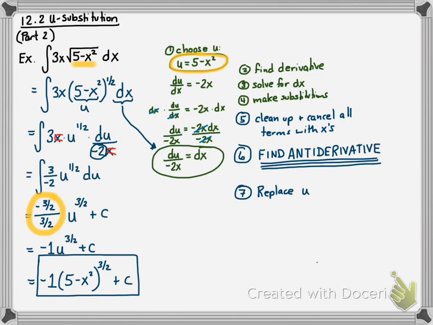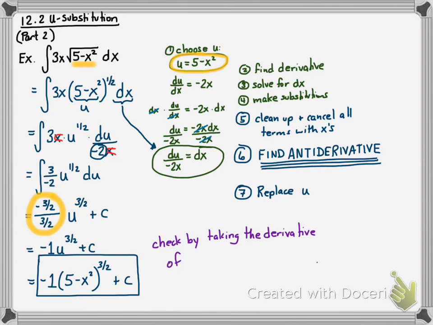If I were super excited about this, I could check this by taking an antiderivative. So, did I just say that? That's not what I meant to say. If I was super excited about this, I could check by taking the derivative of what we got.